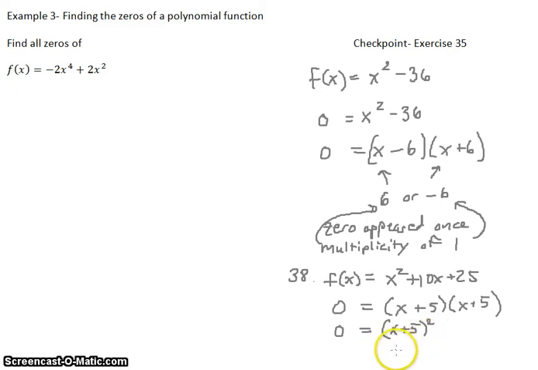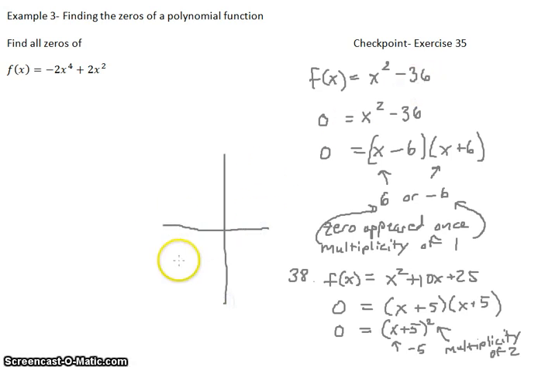So my answer is negative 5, but this has a multiplicity of 2 because there's 2 of them. It's actually a zero that's repeated. Now, in terms of what this looks like on a parabola, this first one here, we have the graph hitting the axis at negative 6 and positive 6, and it goes like this.